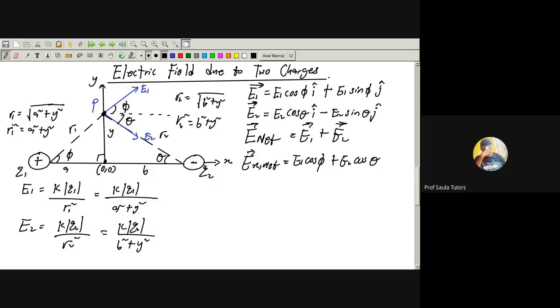That will be the x component. Also, the y component of the net electric field will be equal to E1 sine phi minus E2 sine theta. Exactly. So that's how we can find the electric field.